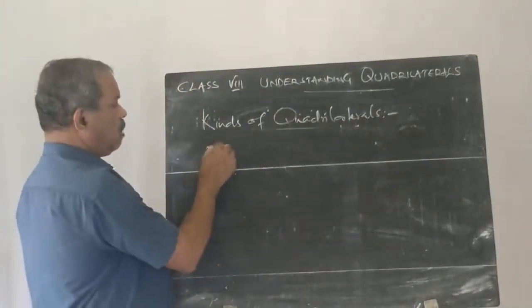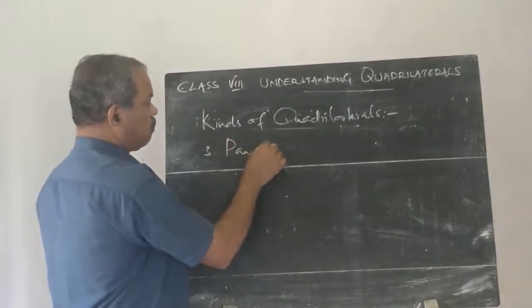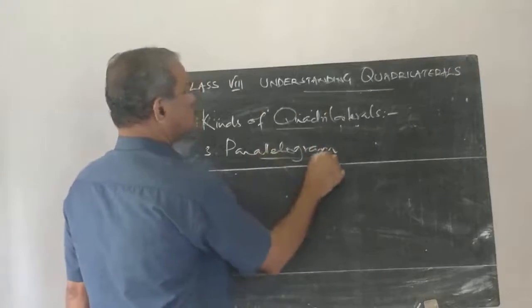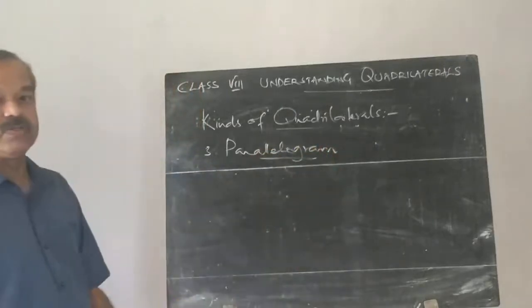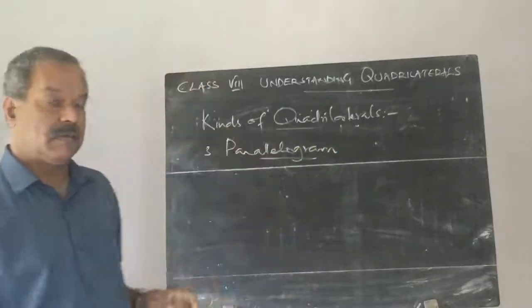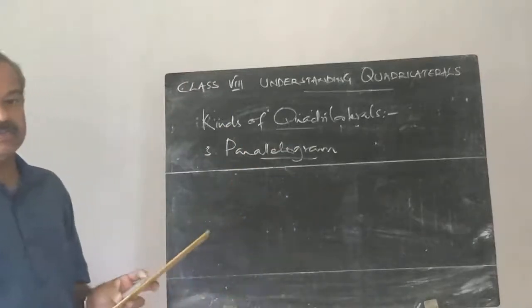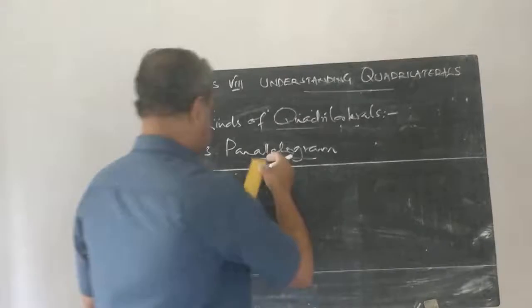Third, parallelogram. Parallelogram is also a quadrilateral. Which type of quadrilaterals are called parallelograms? See this.